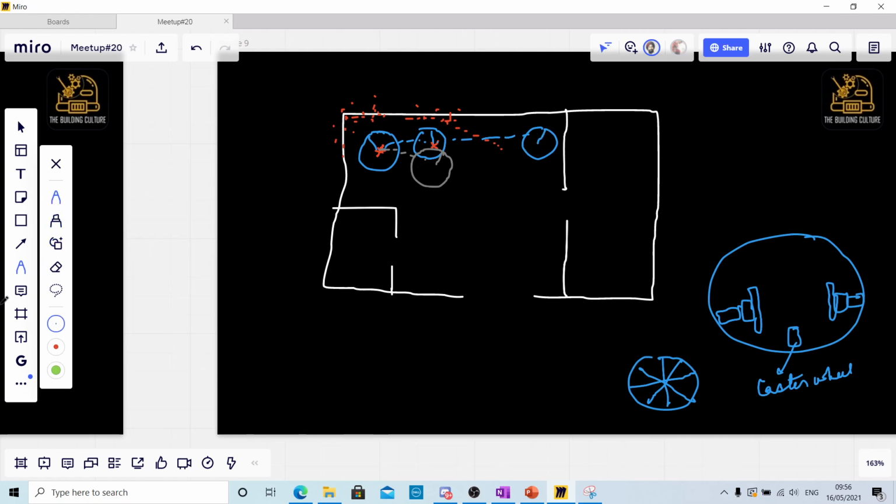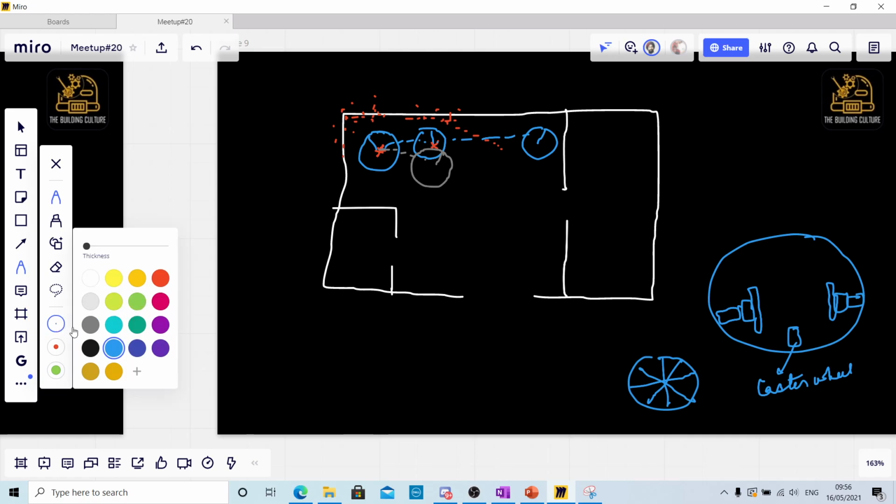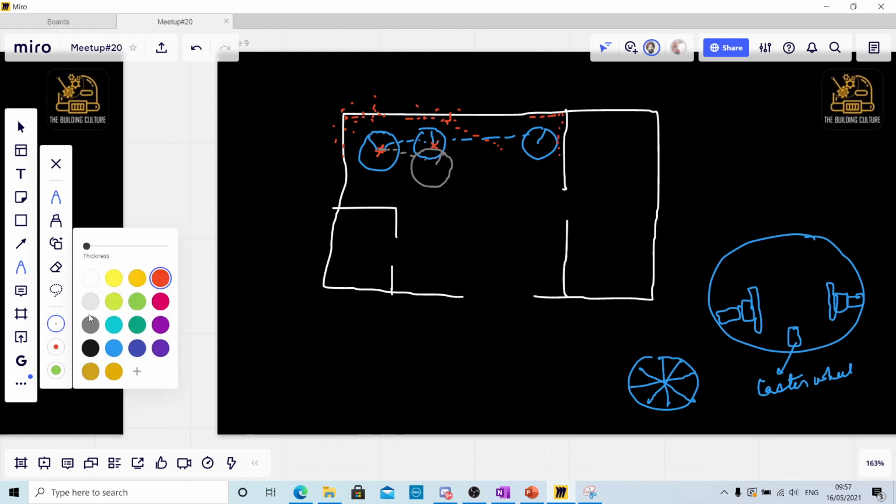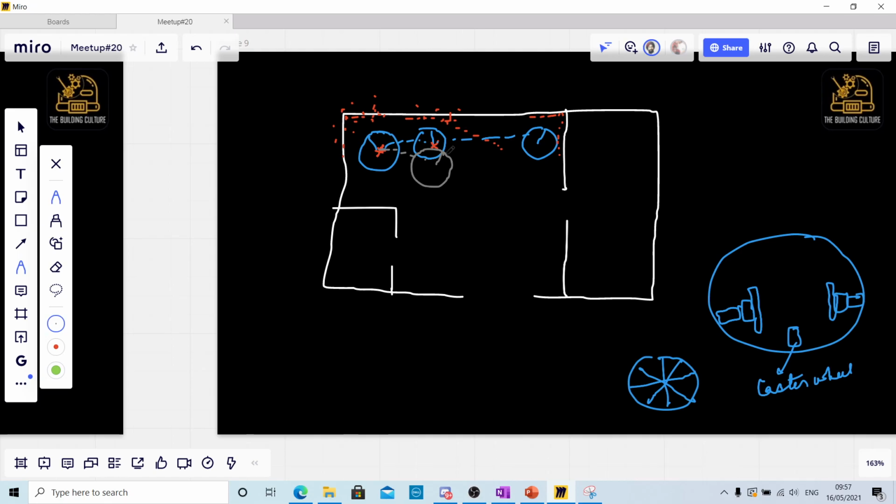Now it goes to this corner, and we have this reading now. But again, this error is I think called drift, but I might be wrong with the terminology here. So now this drift or error is accumulated.